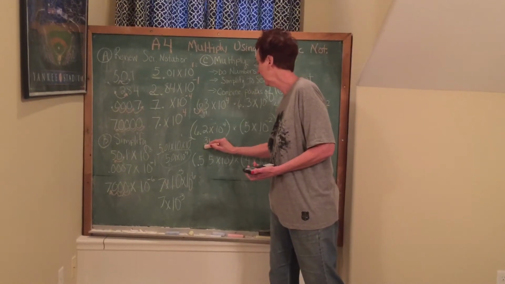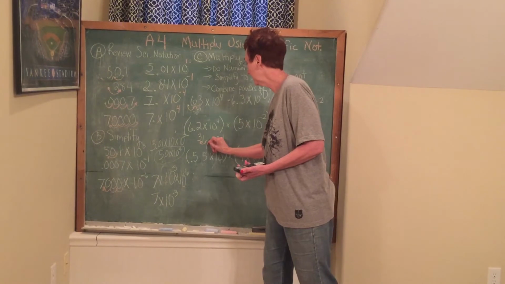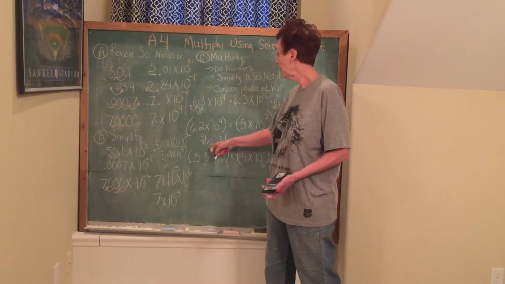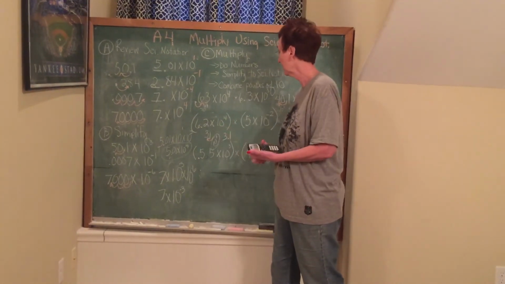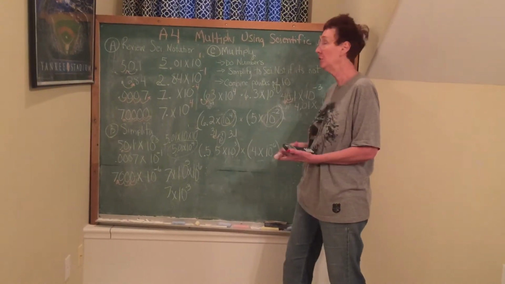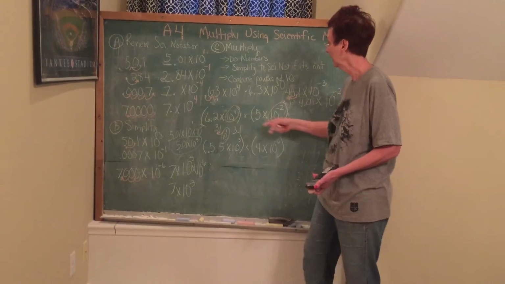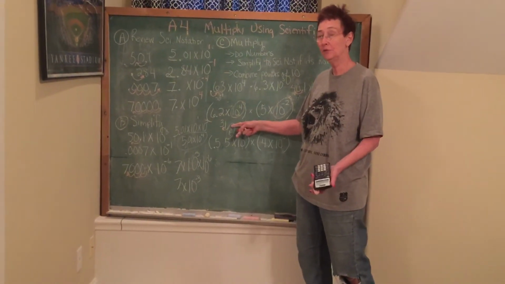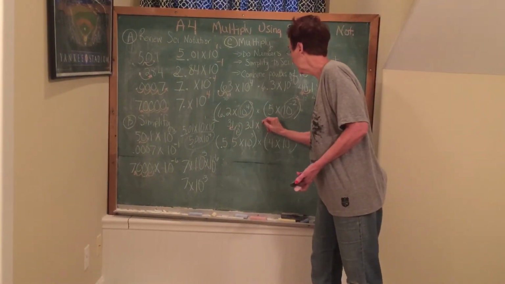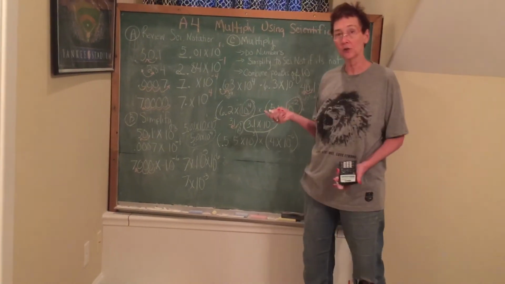I would need to move it and make it 3.1, and this would be 10 to the first because you moved it to the whole number side. So now you've got 10 to the first and 10 to the fourth and 10 to the negative 2. So my next step is going to be to combine all my powers of 10. A 4 and a 1 give you 5, plus a negative 2 would give you 3. So it would be times 10 to the 3, and that would be your final answer.